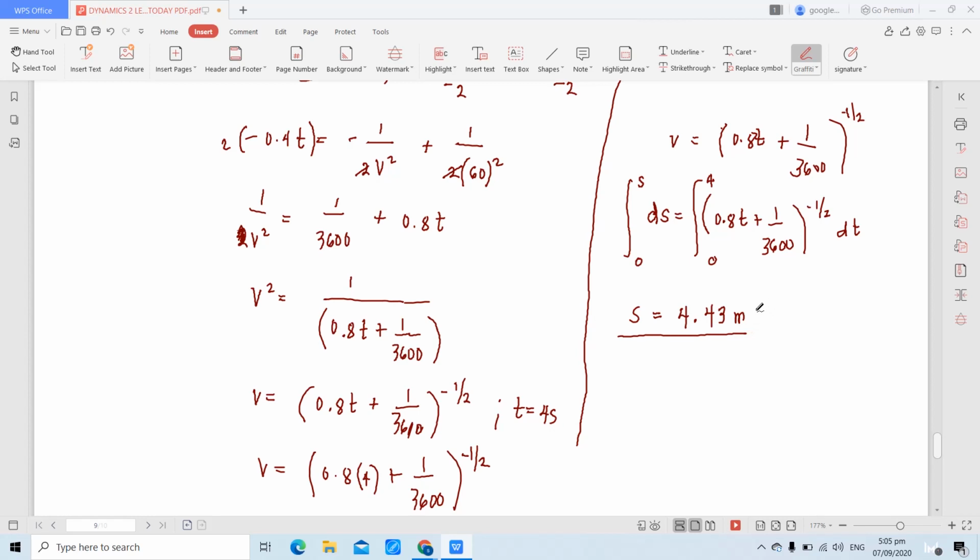Nakuha ba, guys? Apply nyo lang as is sa calculator nyo yun, guys, and you will get this value. And that will be the requirement for this given problem.